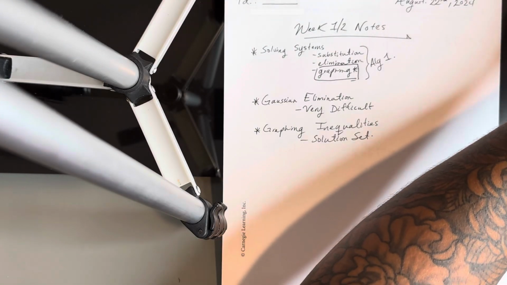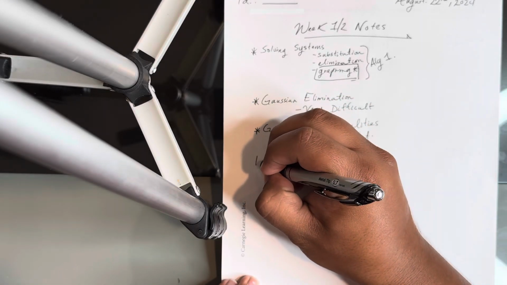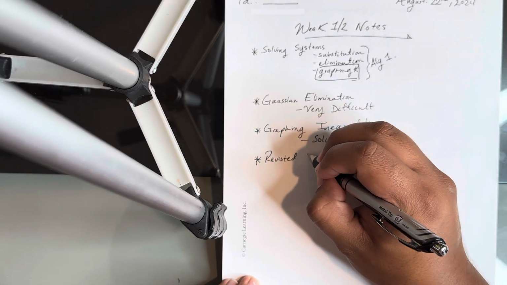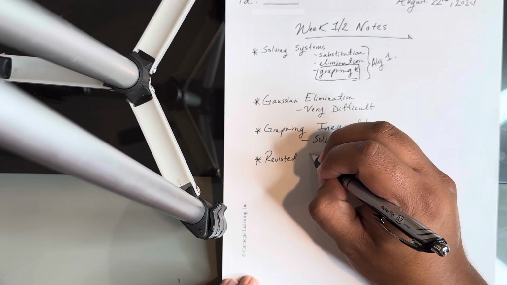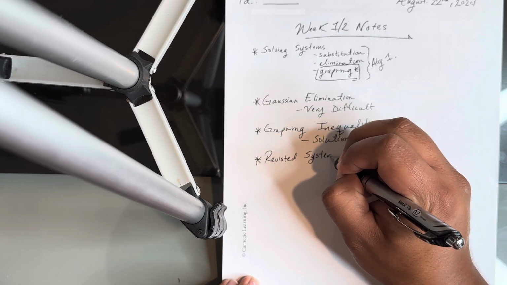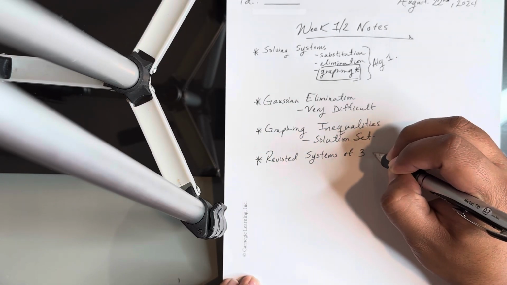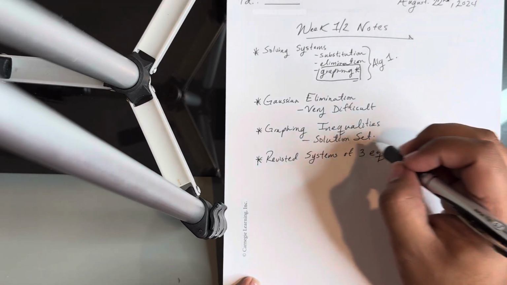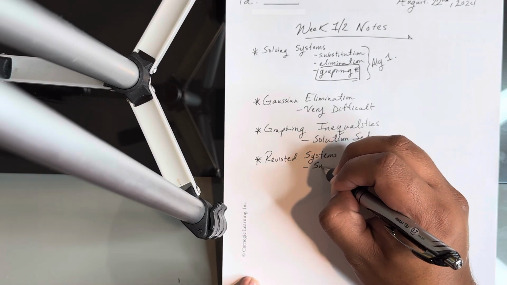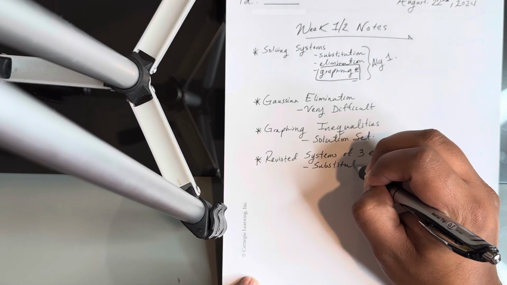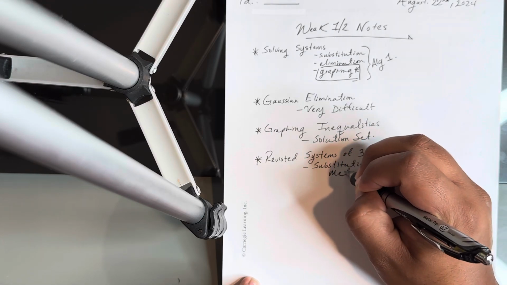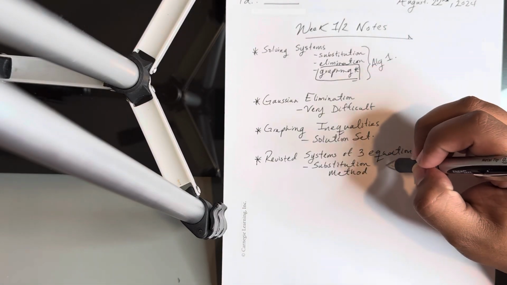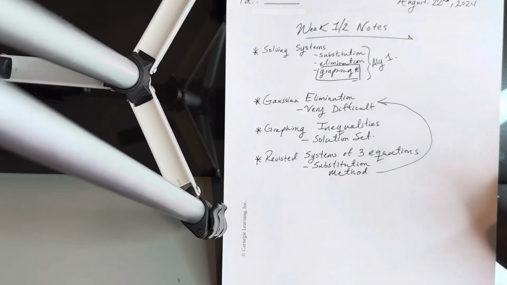After the solution set, we revisited systems of 3 equations. And the push was substitution method. Again, this is connecting back to the Gaussian elimination in some sort.